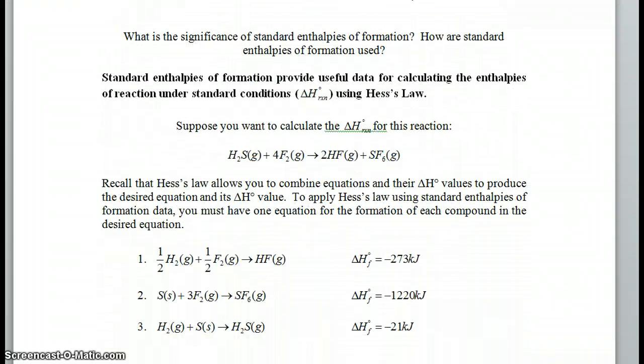You can use enthalpies of formation for each individual compound in a formula in order to calculate the enthalpy of an overall reaction. Okay, so let's say you wanted to calculate delta H of reaction for this reaction here, and you're given these two smaller equations at the bottom.